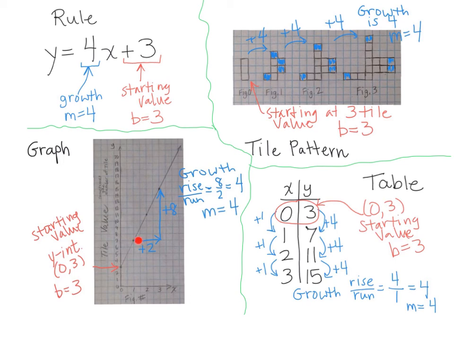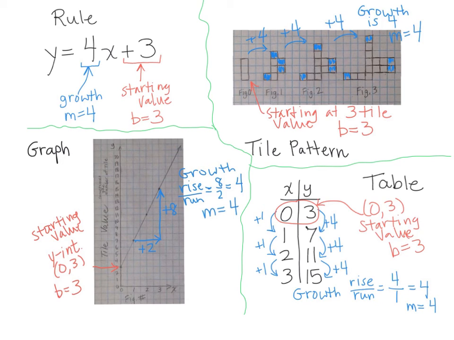For the graph, I look at a rise and run ratio, a growth triangle, and I indicate the growth is that ratio of rise to run, and my final growth is listed as 4. For the table, I've looked at the change in the x values and the change in the y values, and I've indicated my growth is the ratio of the rise to run changes, and therefore my growth is 4.